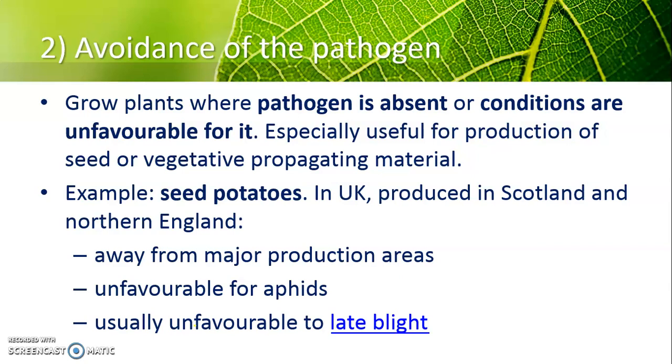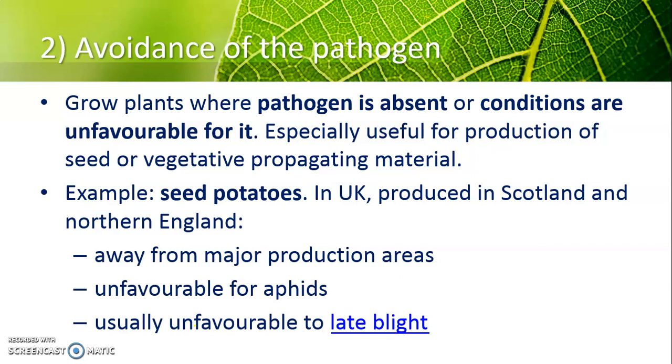For example, having the pathogen absent is kind of difficult, but we can make conditions unfavorable for it. If the pathogen prefers acidic soil pH, then we can make our soil not acidic, make it a bit neutral or slightly alkaline.